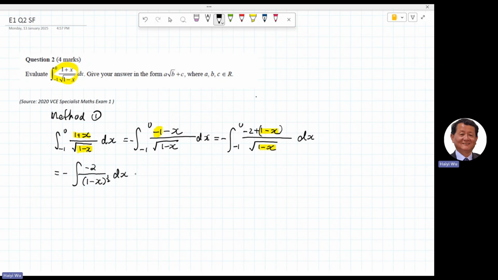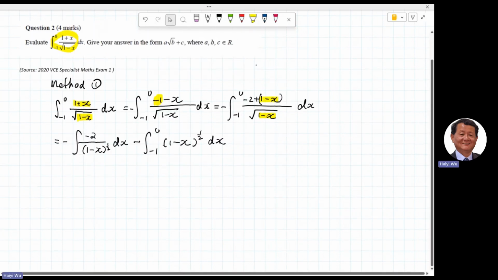And the next one, I'm going to write a negative, positive becomes negative, of 1 minus x divided by, so these two connect collectively, so it will be 1 minus x to the power of half. So we can simplify to that expression.